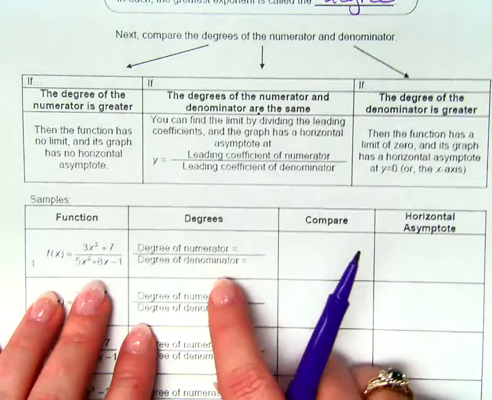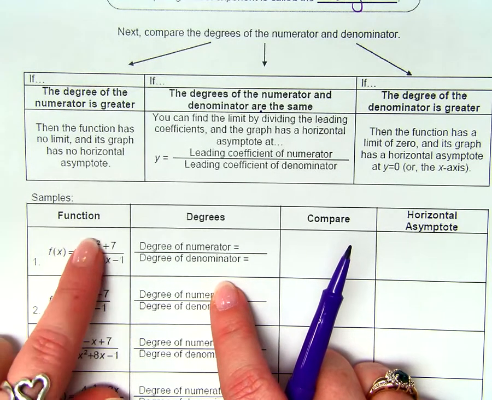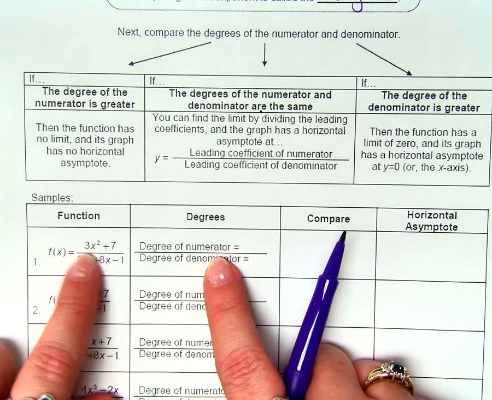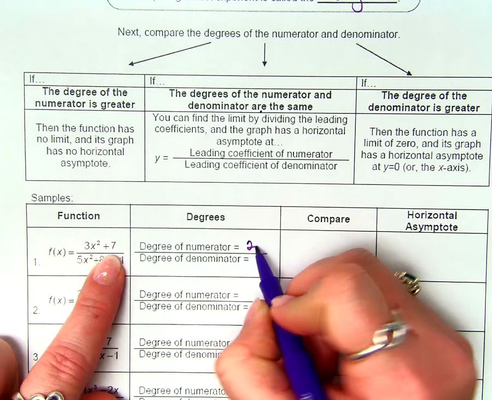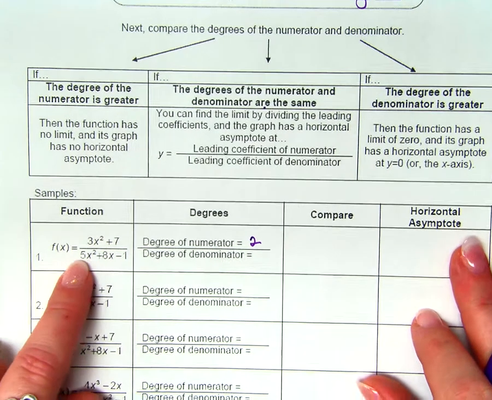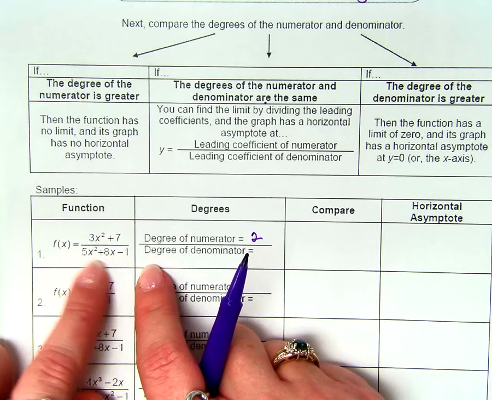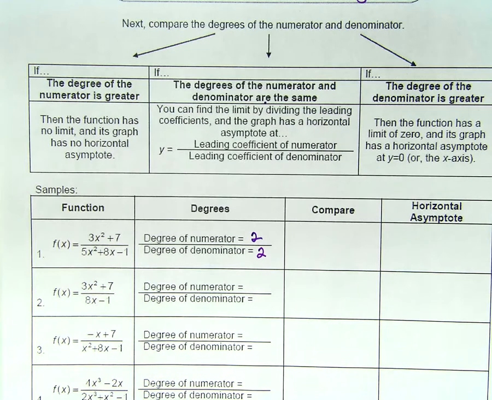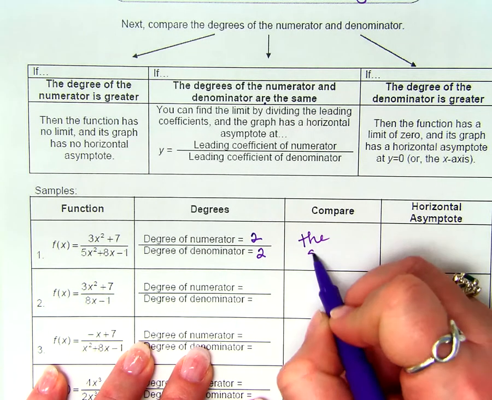Okay? So, for example, here's a sample function. Finding the degree of the numerator: what is the highest exponent in the numerator? Well, that's 2. Look at the denominator. What's the highest exponent in the denominator? Well, that is also a 2. So when you compare them, you find out that they are the same.